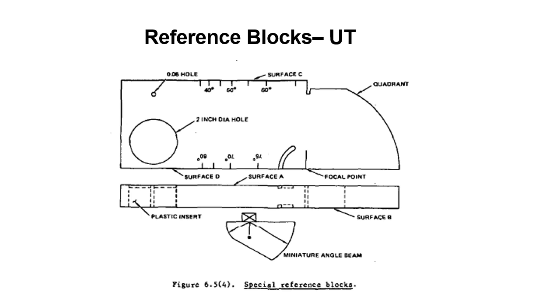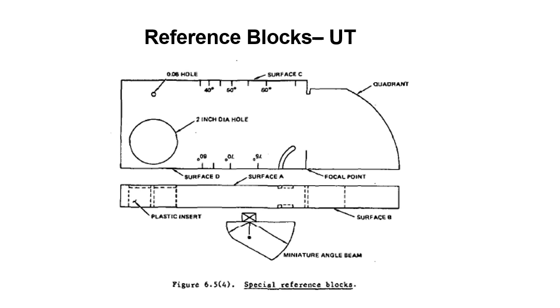Here's another reference block for UT. It's got all kinds of notches and grooves built into it, so you can find a 2-inch diameter hole or a 6/100 inch hole.